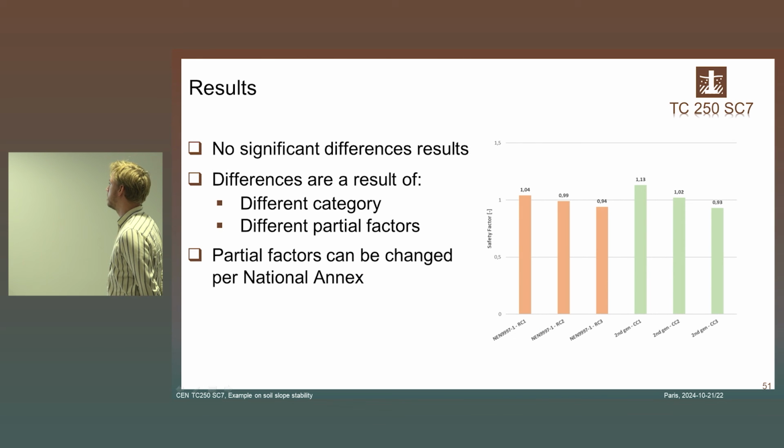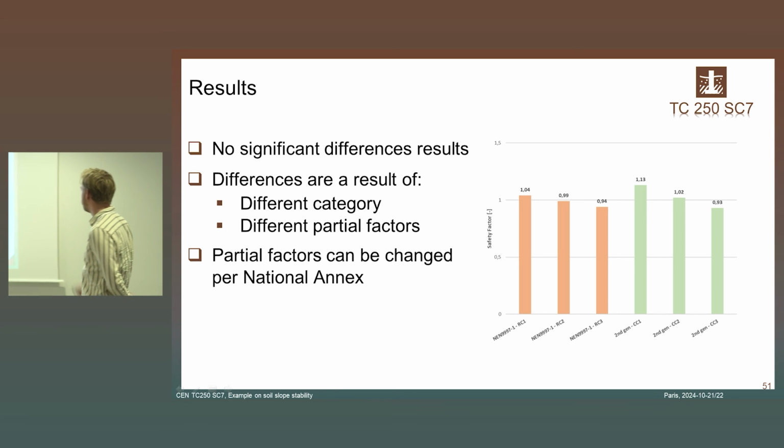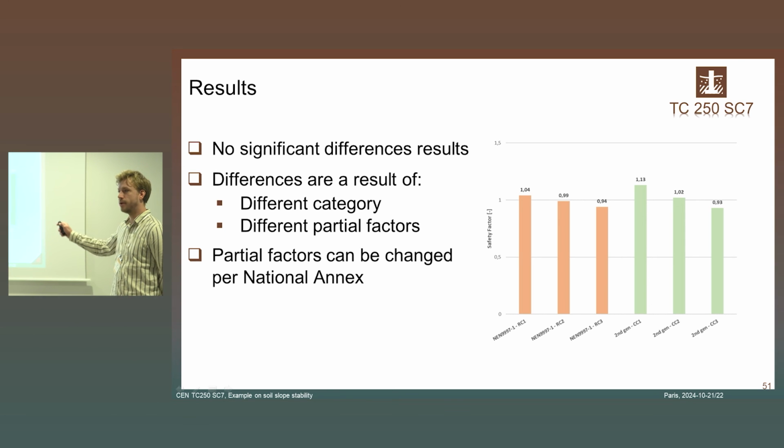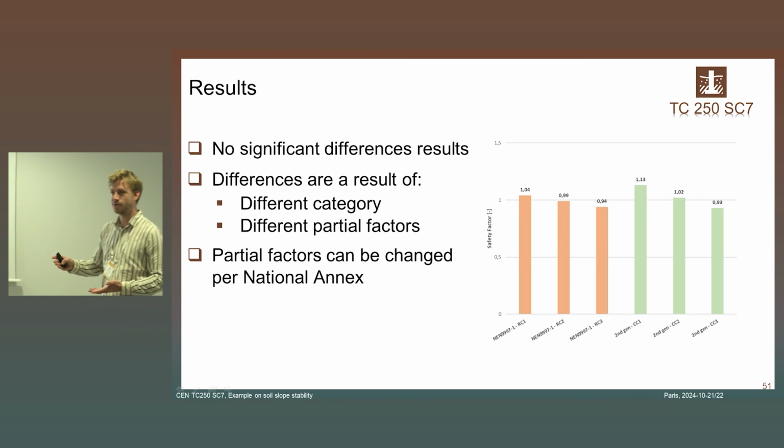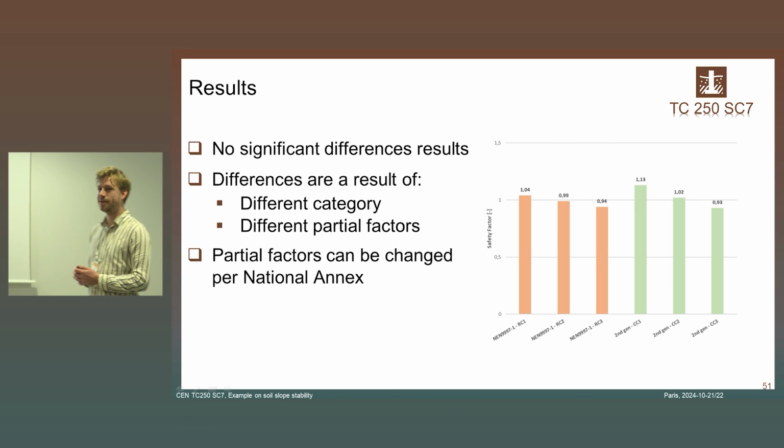Then the results, as expected, no big differences, but for my case, it was for the second generation in CC3, but the original design was in RC2, which was, well, it's 0.99, which is, I think, not stable, but this is just one of the cross sections.